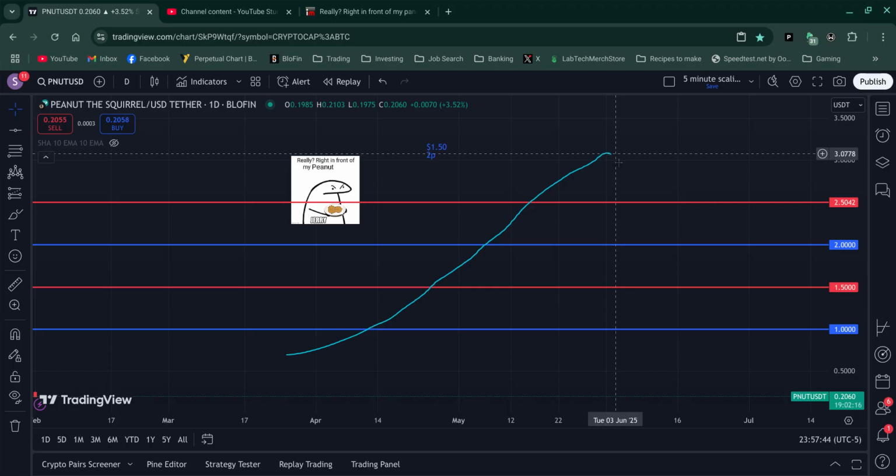So we've gone from $3 up to $9. Whereas with here, going from $1.50, you would go up to $6.